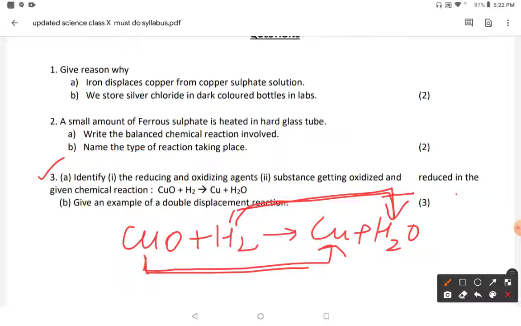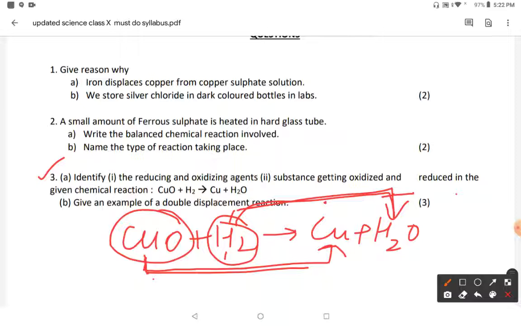So we can identify that the substance which gets oxidized is H2, so it is called the reducing agent. The substance which gets reduced is called the oxidizing substance.